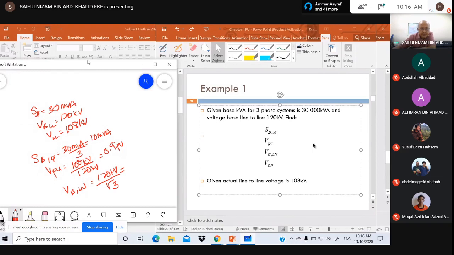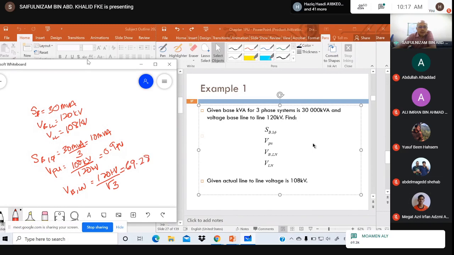So what is the final answer for V base line to neutral? 69.28 kV.